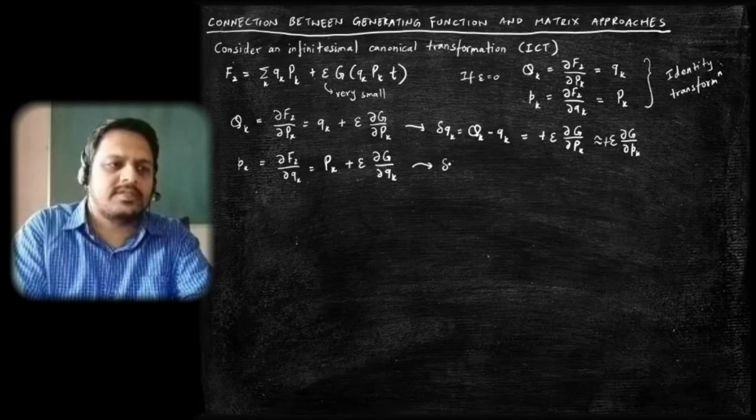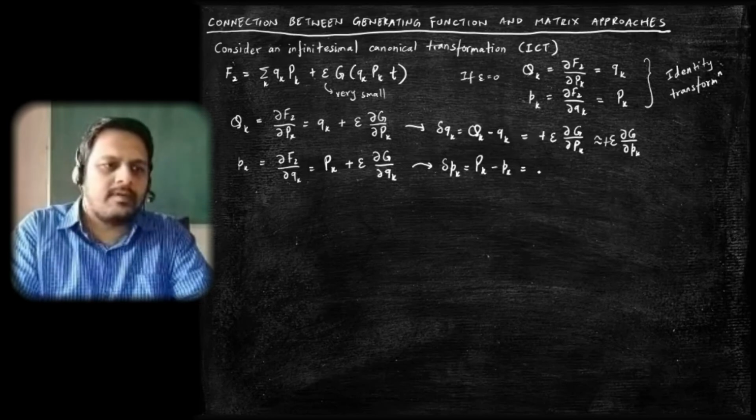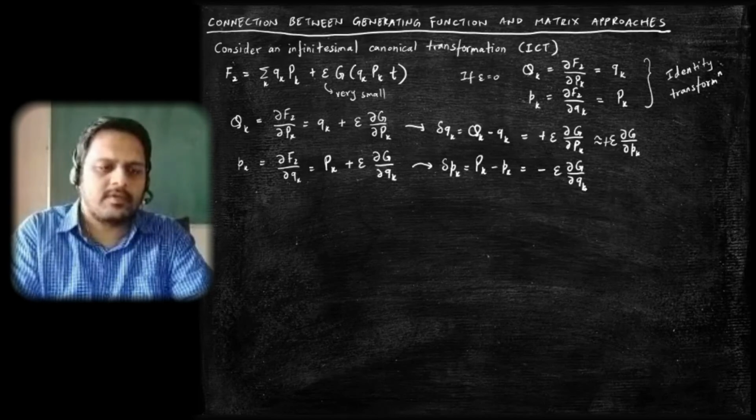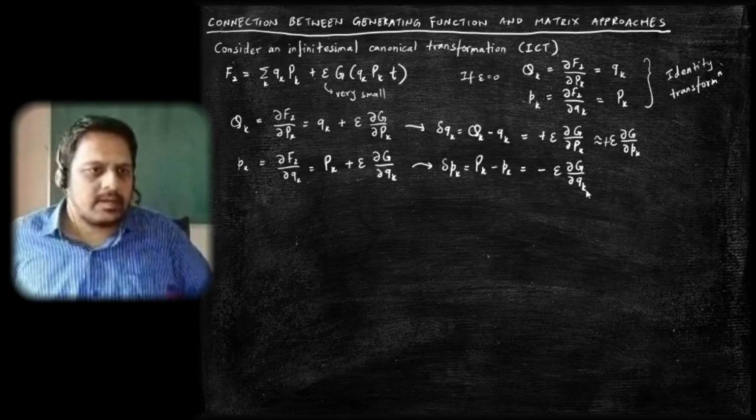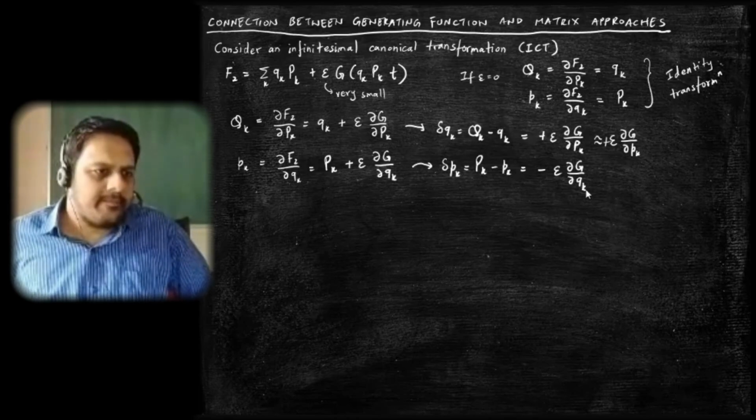And similarly, I am going to write delta pk, which is capital Pk minus small pk, which will be minus epsilon ∂G/∂Qk. Is this okay?